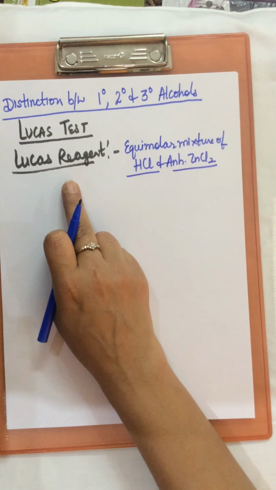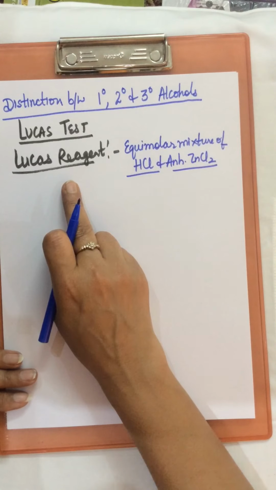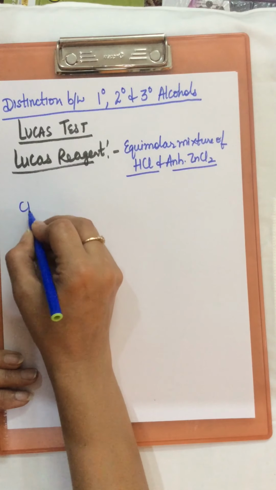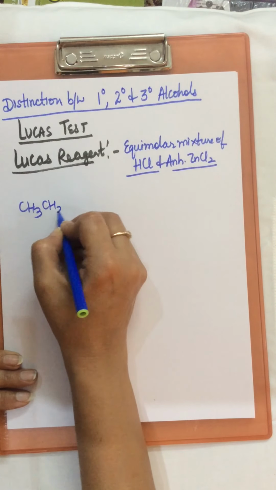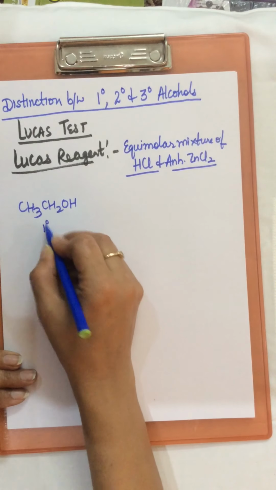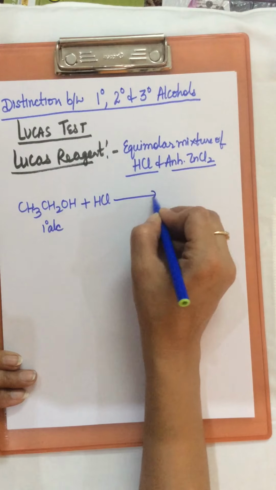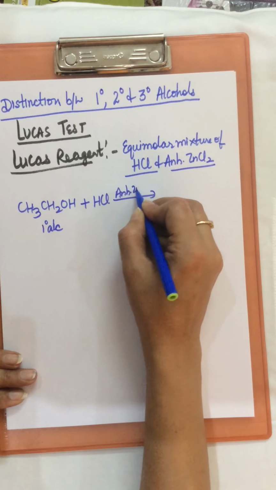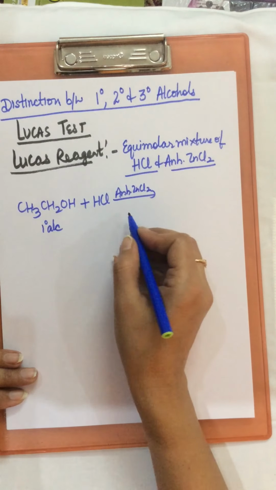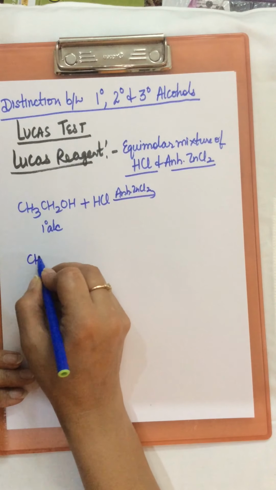Add this reagent to the three samples that we have: primary, secondary and tertiary alcohol. Like this is primary alcohol. We are adding to this sample HCl, and here we have anhydrous zinc chloride. That is, we have added Lucas reagent.